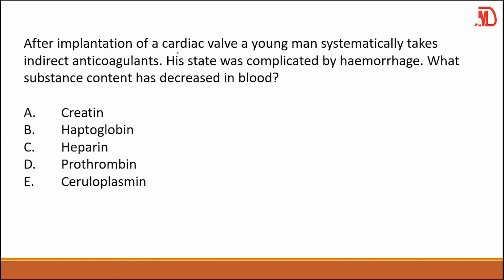After implantation of a cardiac valve, a young man systemically takes an indirect anticoagulant. Now, when we say anticoagulant, that means something to prevent coagulation. That means bleeding might ensue. Now, his state was complicated by hemorrhage.